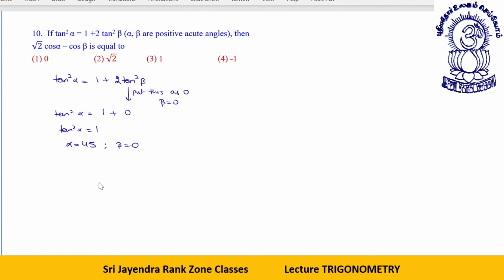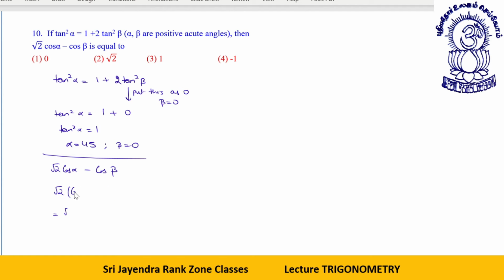Now what will happen? Which is the part we need to solve? This is root 2 cos alpha minus cos beta. So this becomes root 2 times cos 45 degree minus cos 0.